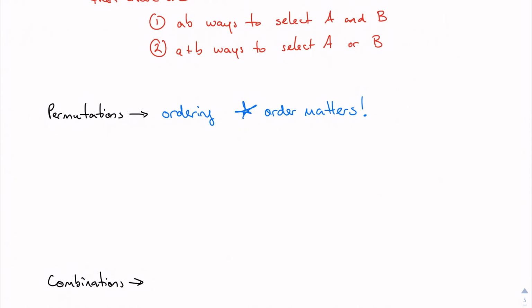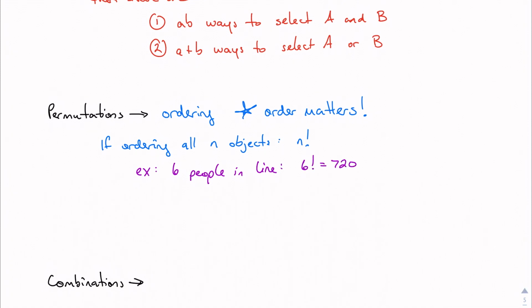If I am ordering all n objects that I have, then it's just n factorial. If I have, I don't know, 6 people in line, there are 6 factorial or 720 ways I can line them up.